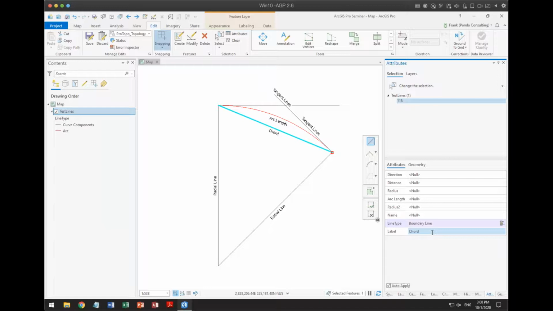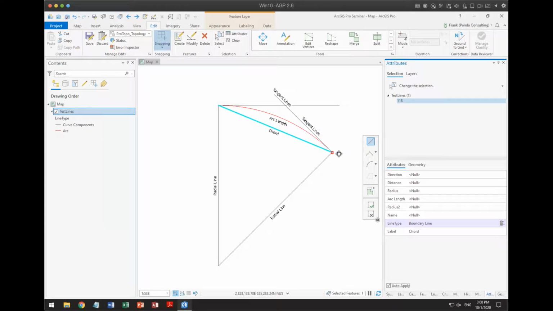We have the arc length, which is a critical part, the radius, the radial lines, and by definition, the length of those radial lines is called the radius. That's the radius distance, how far away from this radius point these arcs are being created.